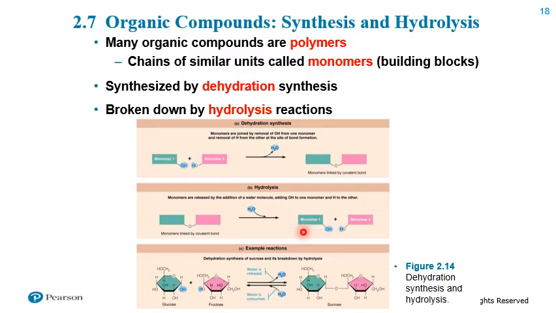Okay. So here's an example of a reaction that involves either building up or breaking down of some carbohydrates, right? So here you have two molecules of different types of sugars, or could be the same sugar. In this case, you have fructose and glucose that undergo a dehydration reaction, and you form a sucrose molecule.